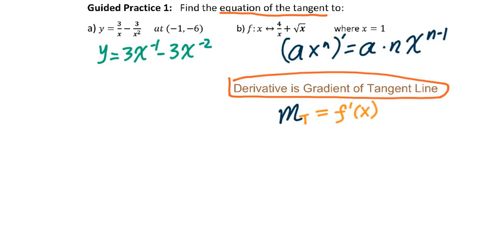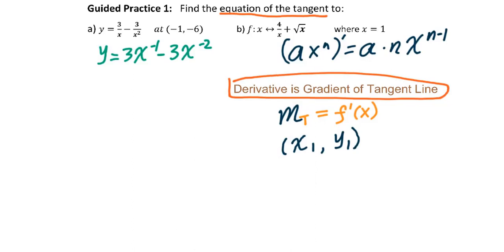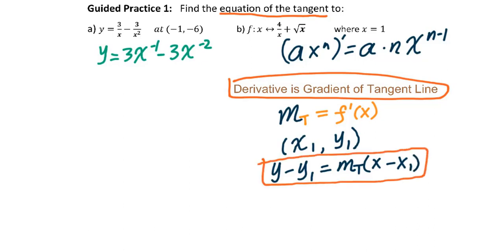And also get the coordinate. Let's label that x1, y1. Then you can use this formula called the point-slope linear function: y minus y1 equals mt times x minus x1, to figure out the equation of a tangent line.